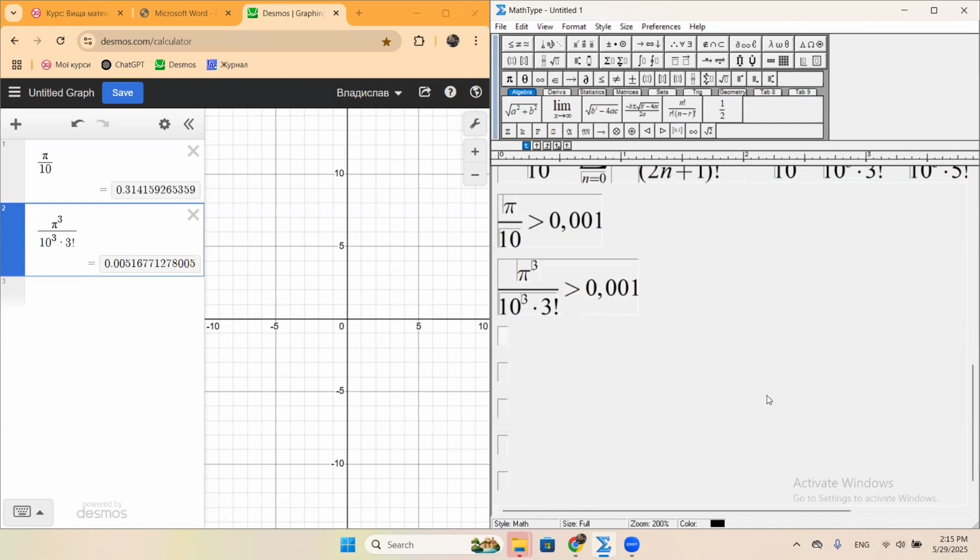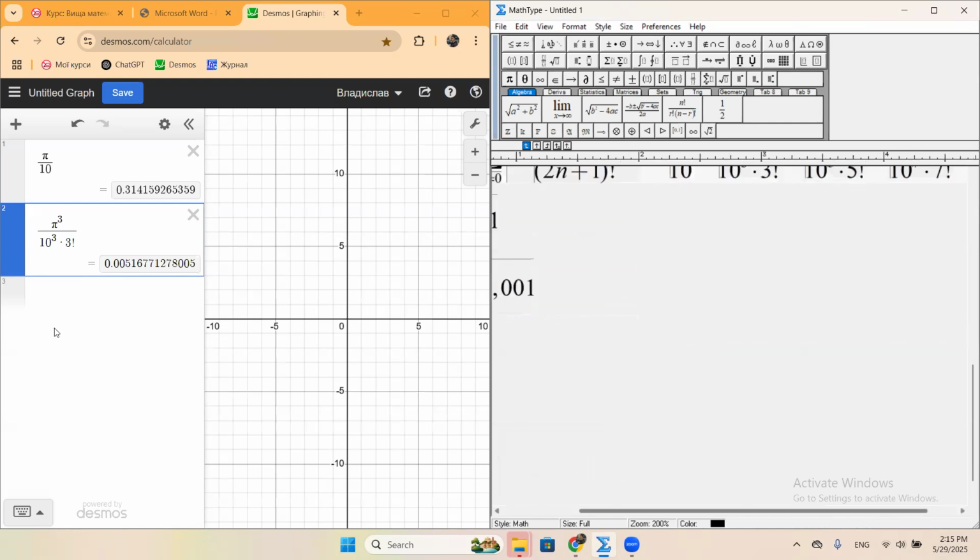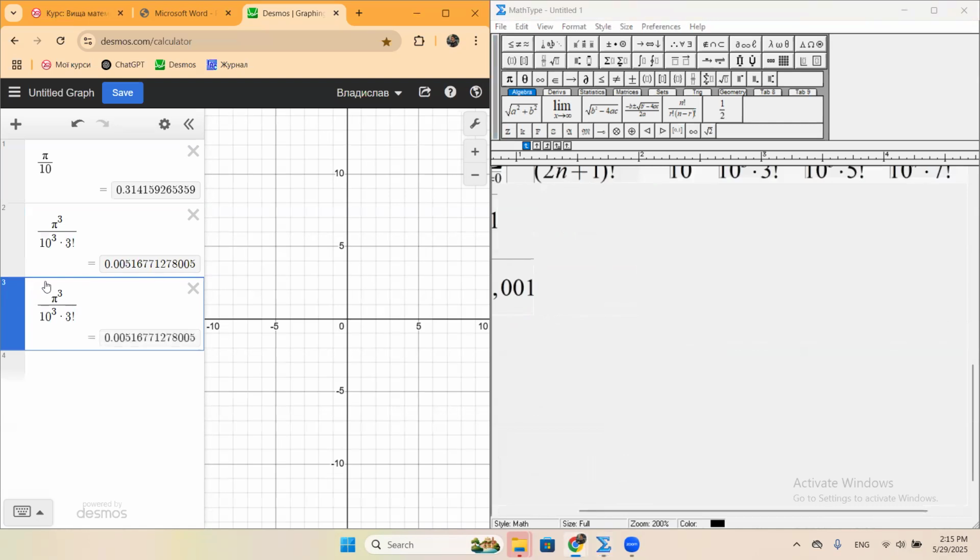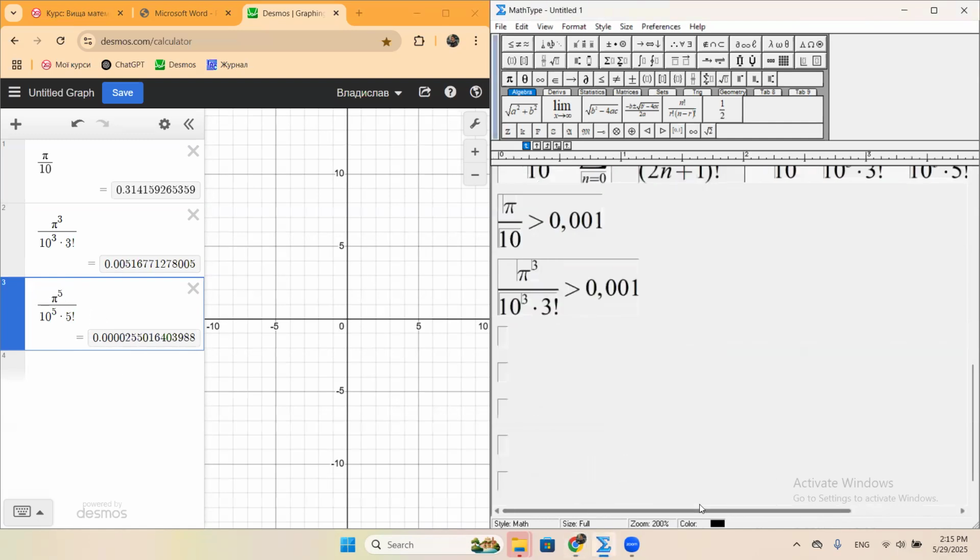And what about the next term? So what about 5? And it is less than 0.001.